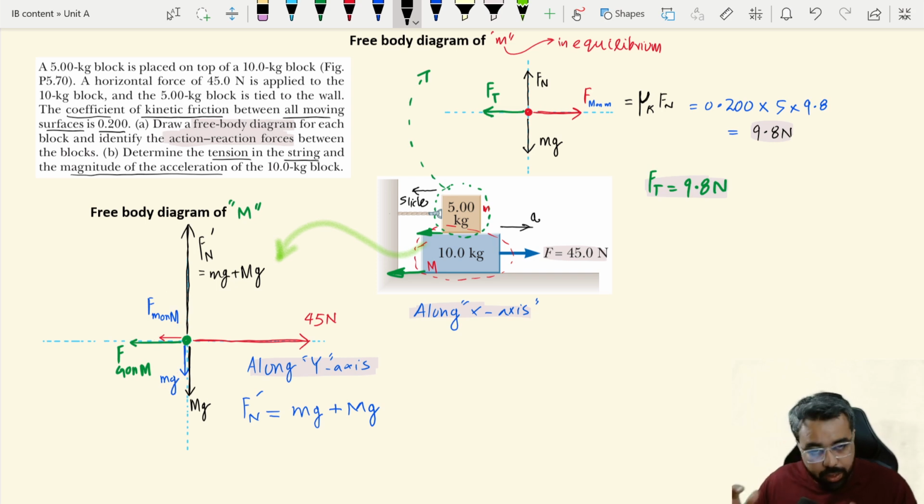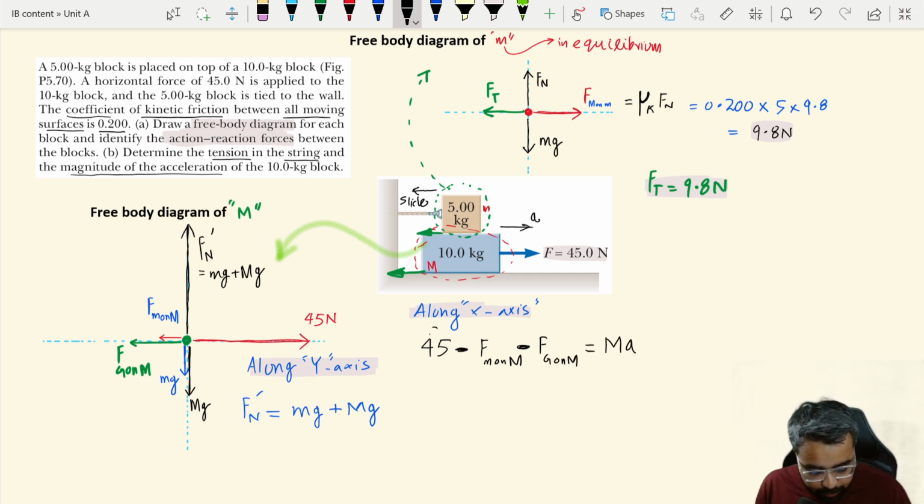So the net force must be 45 Newton minus the force of friction applied by small m on capital M, minus the force of friction applied by the ground on the lower block, because we cannot ignore the roughness of the ground as well, equals capital MA.